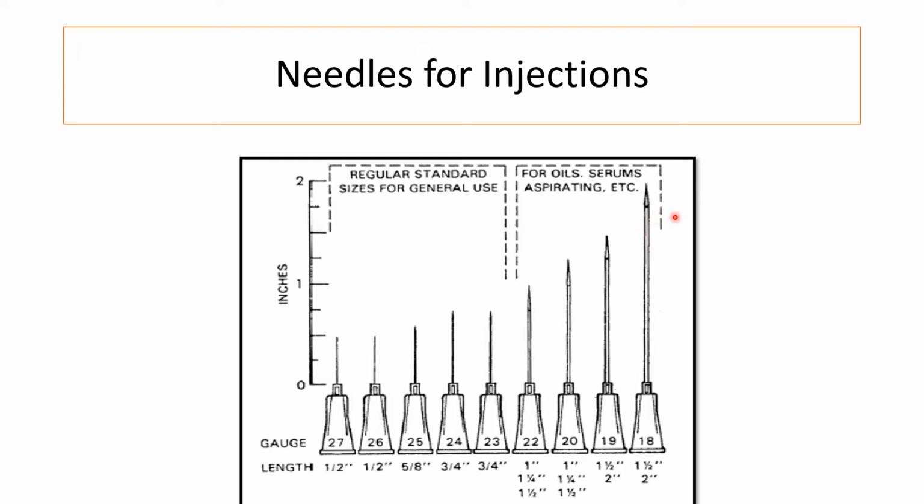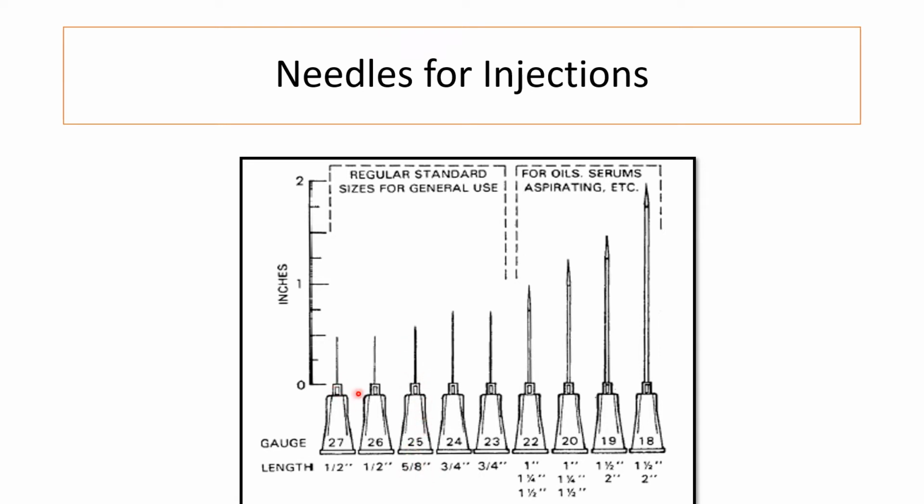But if we are giving the same intramuscular shot to a child, then 1 inch is enough, because children have thinner skin, subcutaneous tissue, and muscle. For subcutaneous and intradermal, we use very short needles. So usually we use 1/2 inch, or 3/4 of an inch, or 5/8 of an inch. So this is the range, okay? One of the most common is the 5/8 of an inch.